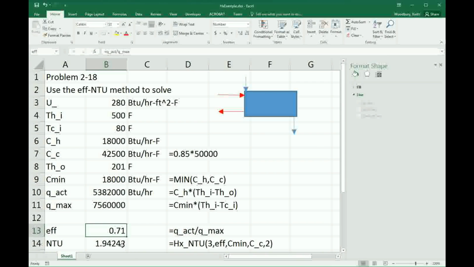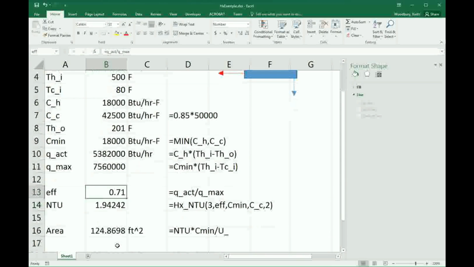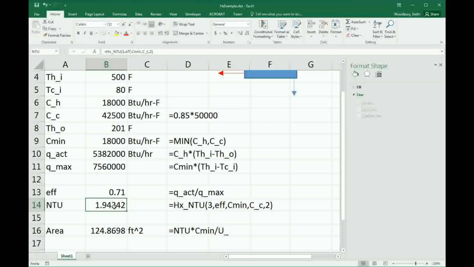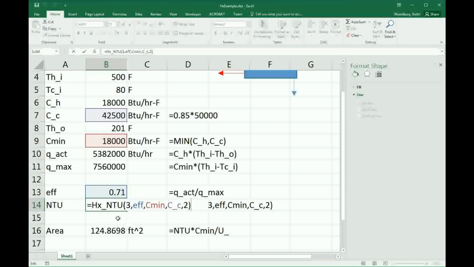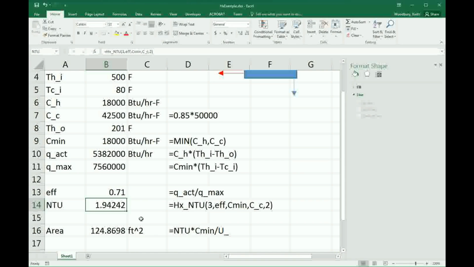required is 0.71. So now we're going to use the add-in software called HXNTU to calculate the number of transfer units for this type of exchanger for that effectiveness.